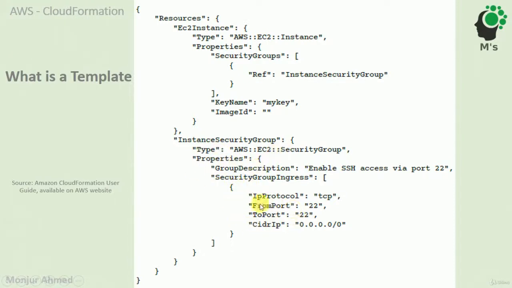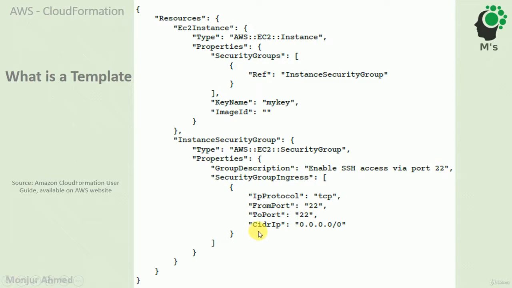In the security group, you have a description which describes what this is all about. It's enabling SSH access via port 22, and what protocol is being used. The security group ingress means the incoming traffic to the web server is through port 22.